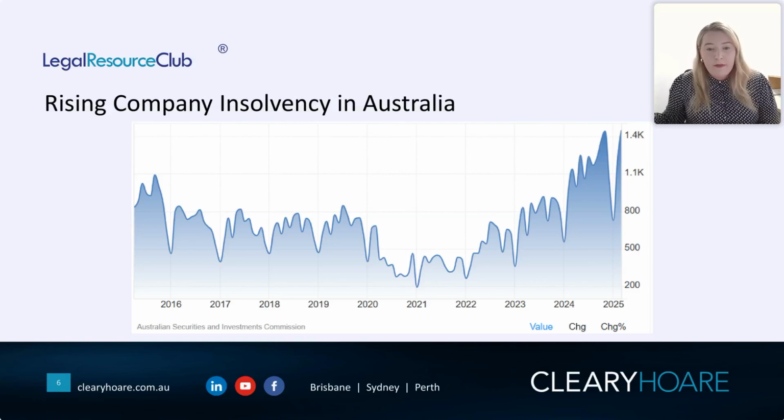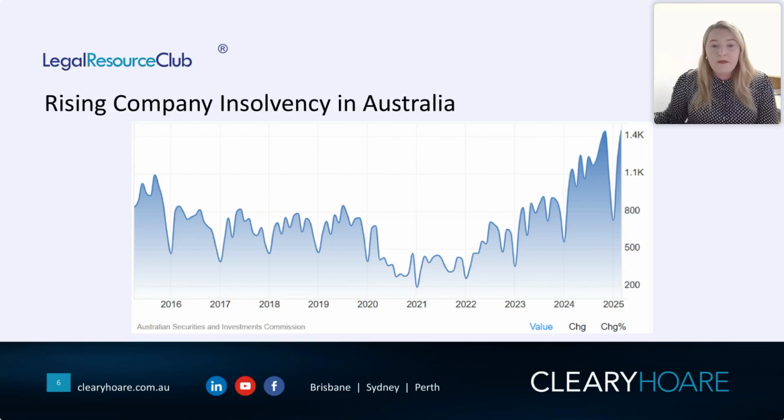And so we can see from between about 2016 to 2019, it was fairly steady, probably a little bit on the decline. Then, of course, we had COVID during 2020, 2021, and we had those COVID measures in place. We had that moratorium on new insolvencies at the time.